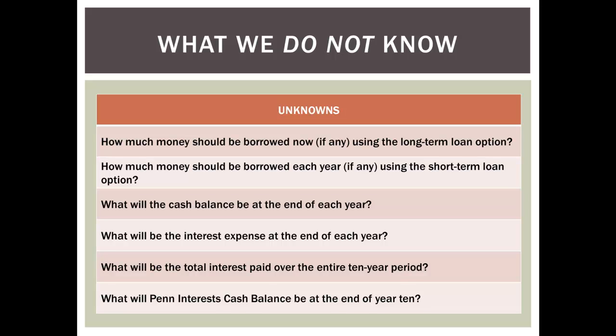And finally, what will Penn Interest's cash balance be at the end of year 10? So when everything's said and done, the 10-year period has run its course, and we look in the bank account at the end of year 10, what will it be? And of course, our goal is going to be to maximize that cash balance at the end of year 10.